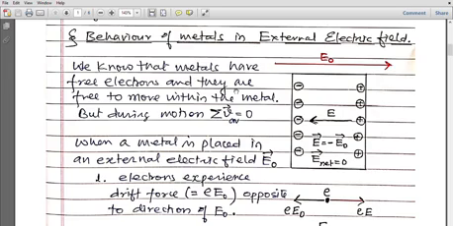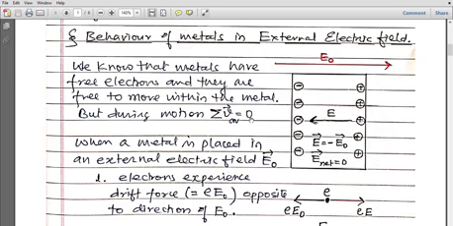Their motion is always random, but if we calculate the average of the velocities it is always equal to 0, that is, there is no net motion of electrons. That is why in a conductor there is no electric current until we connect it with a source of EMF. The electrons are moving inside the conductor but there is no net motion, hence no net current. So the average velocity is equal to 0.